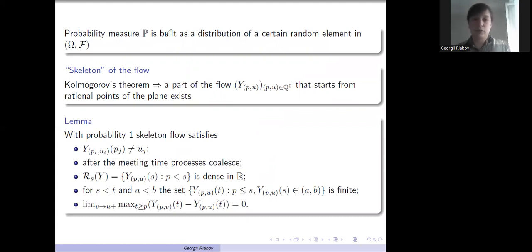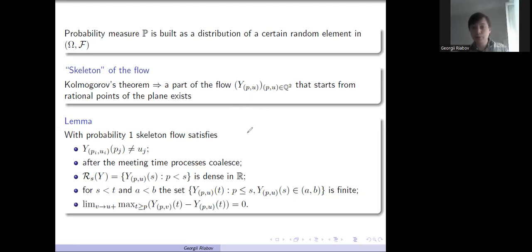First of all, note that by Kolmogorov's theorem, we can construct the countable family of trajectories of the flow with the needed distributions. And now let's look at the properties of this countable family.